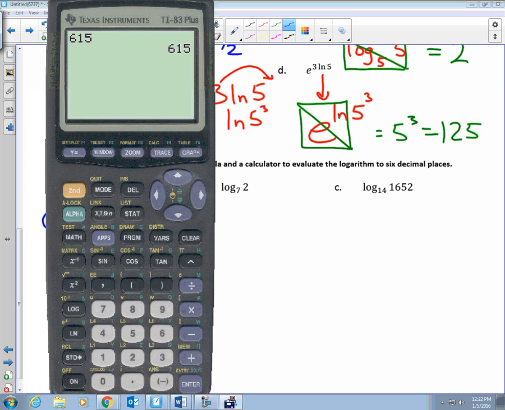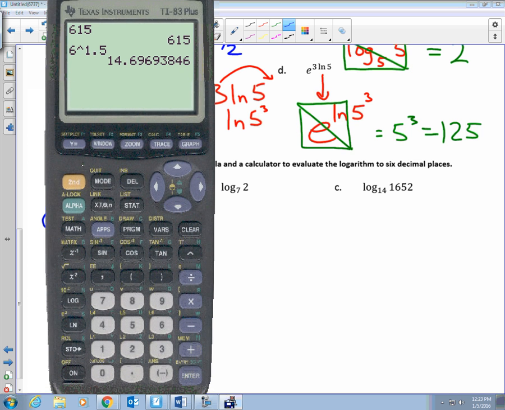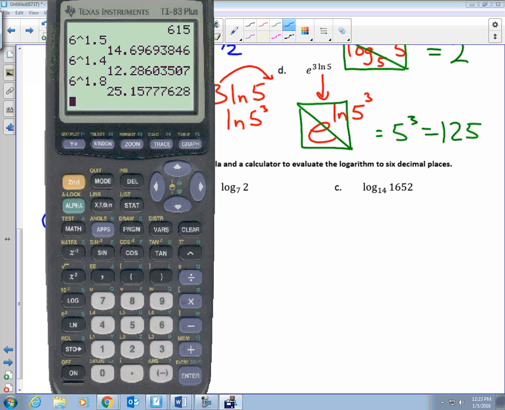And we get 14.69, so it's probably too big, so let's decrease that. 6 to the 1.4, and that's too small. How about 6 to the 1.48?